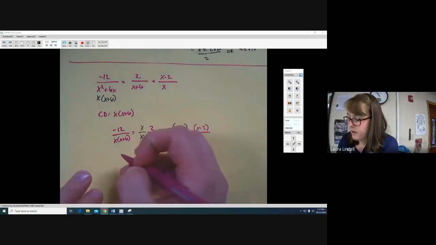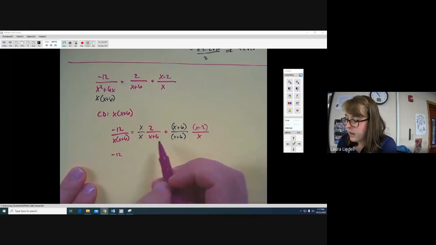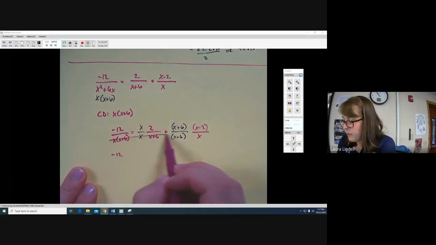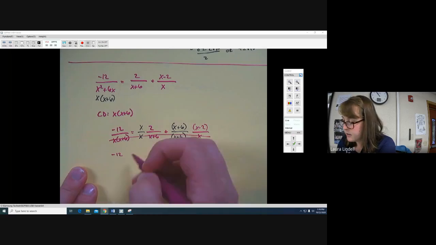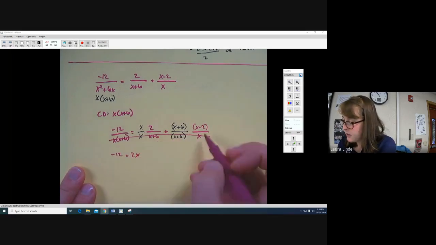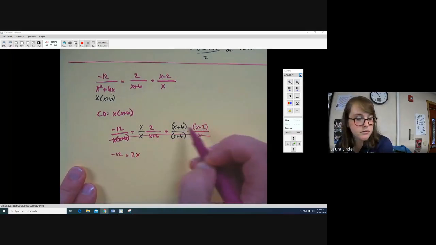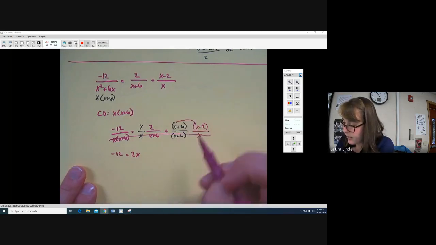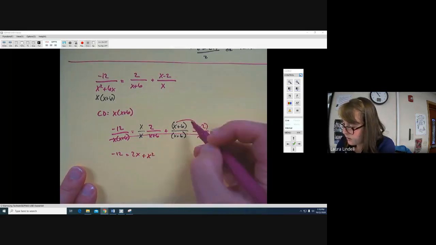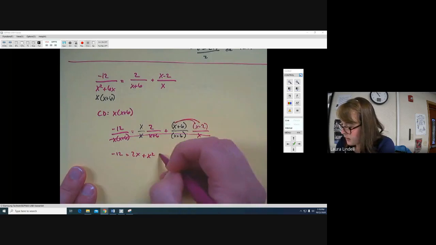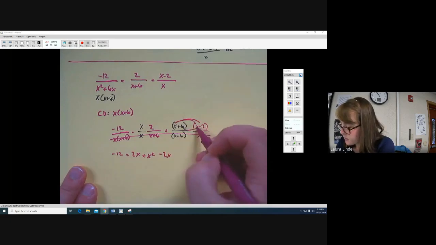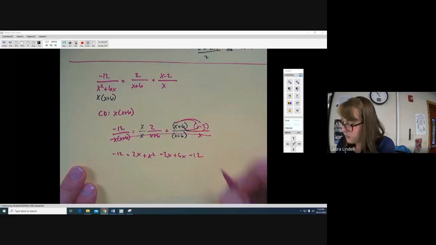We've got negative 12 over here, and now really we could get rid of the denominator. We just need this to be our 2x. And then this, we have to actually double distribute everything. So we get x squared minus 2x plus 6x minus 12.